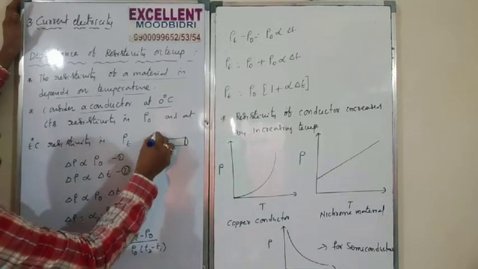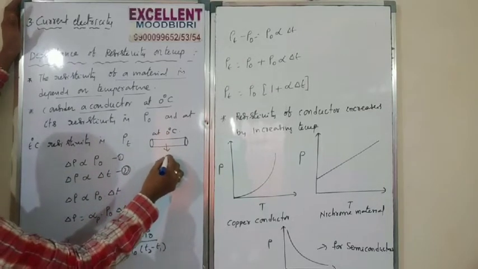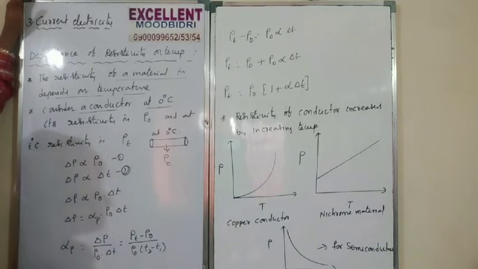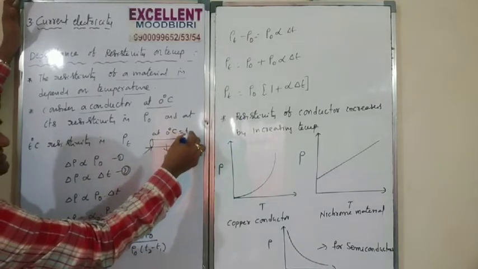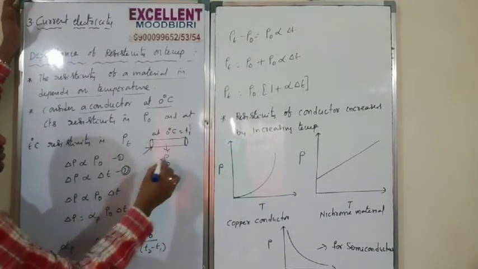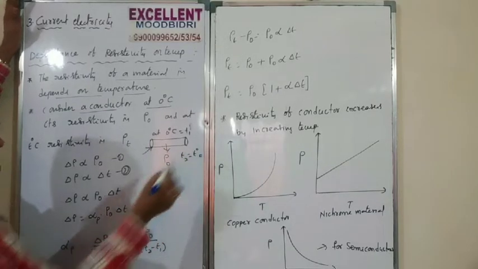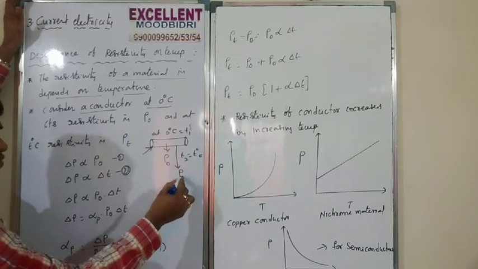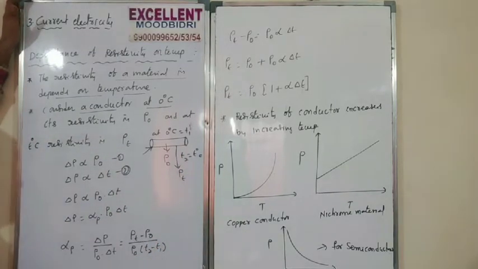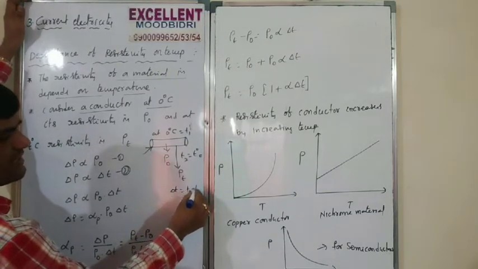At 0 degrees Celsius, its resistivity is rho naught. Now I increase the temperature, T1 degrees Celsius, then T2, which I take as T degrees Celsius. At that condition its resistivity is rho T. The change in temperature is delta T equal to T2 minus T1.